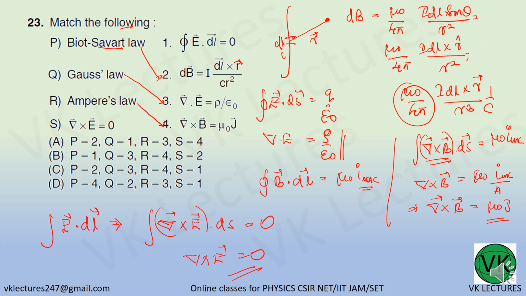Integral ds cannot be equal to 0, so del cross E should be equal to 0. Now this is for charge free region. Okay, so P to 2 and Q to 3, there's only one option, so option C.